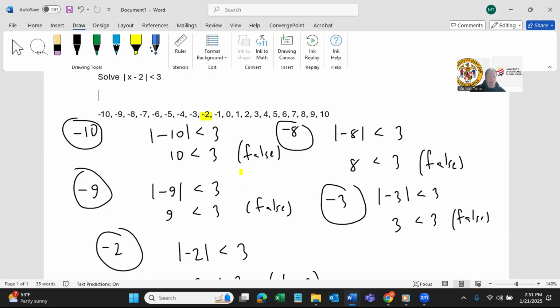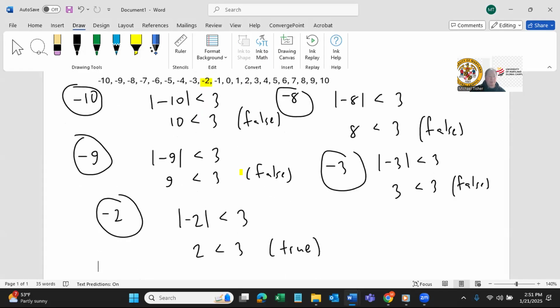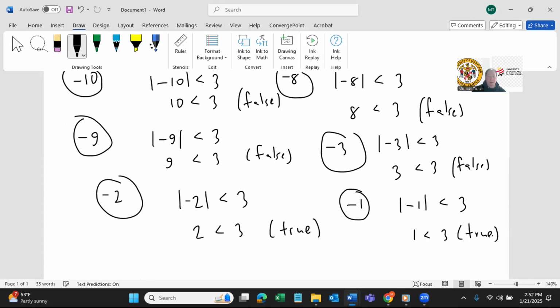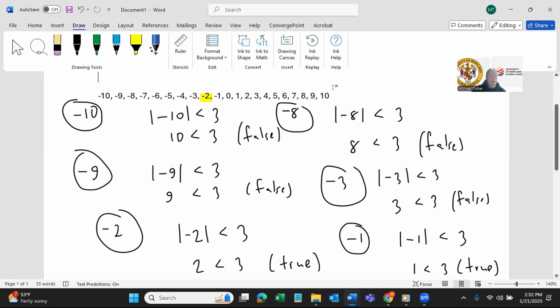Okay, how about negative 1? Let's see, the absolute value of negative 1, less than 3. The absolute value of negative 1 is 1, less than 3. Well, that's true also. So negative 1 will work. How about 0?